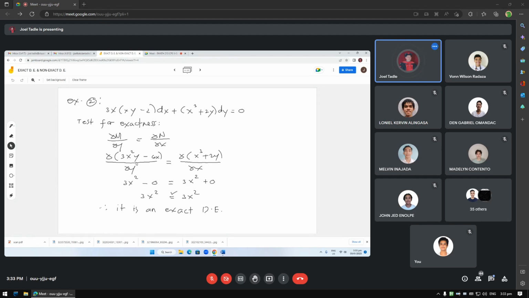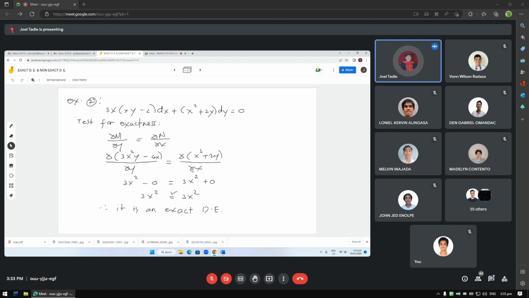For the other variables, since we are differentiating with respect to y, we consider them constant. There is a first term, 3x squared y. The 3x squared is constant, so we move it out. The partial derivative of y over the partial derivative of y is 1, so you have 3x squared. Then the second term is considered constant, so 0.